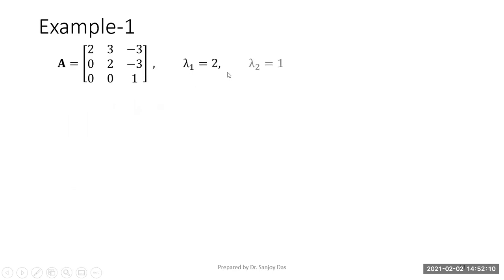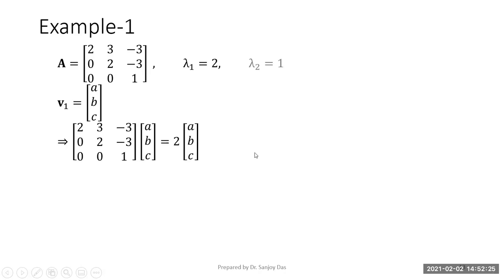Now focus our attention on lambda 1 equals 2. We'll find the corresponding eigenvector. Let the eigenvector be a, b, and c. Whence we must solve A times v equals 2, which is lambda 1, times v, that is a, b, c.